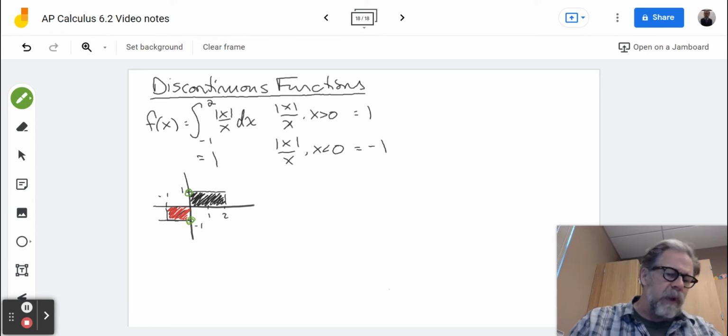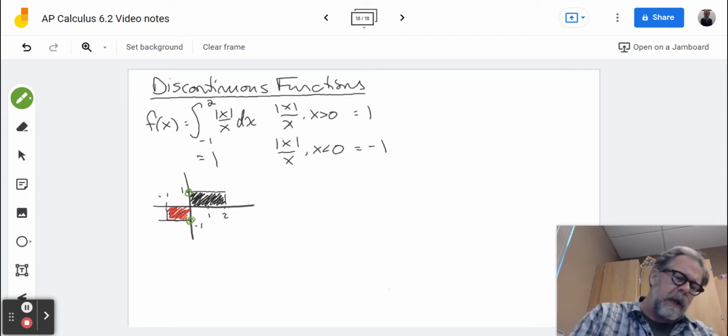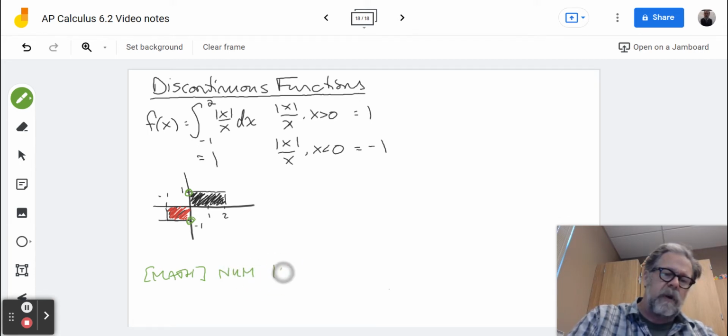All right, so there's one example, and you can go ahead and check this in your calculator. If you look at the math menu on the TI-83-4 platform, and then arrow over to the number menu, you'll see that the very first thing is ABS.